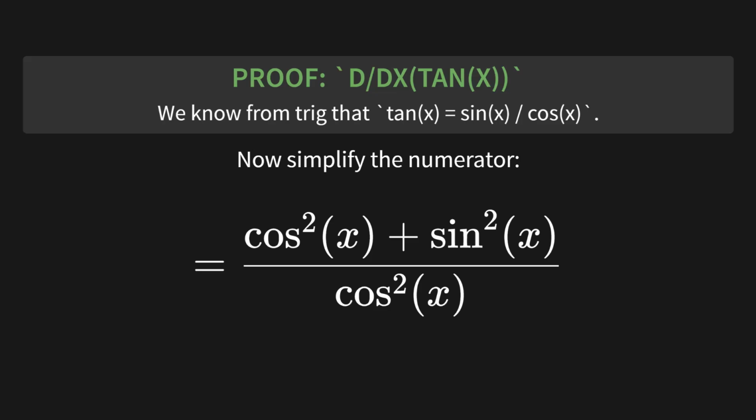Okay, let's simplify that numerator. Cosine times cosine is cosine squared of x. And sine times negative sine is negative sine squared. But we were subtracting it. A minus and a minus make a plus. So we get cosine squared of x plus sine squared of x, all over cosine squared of x.